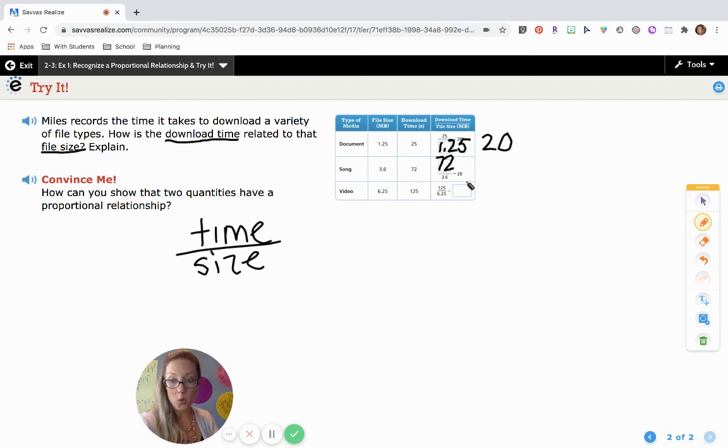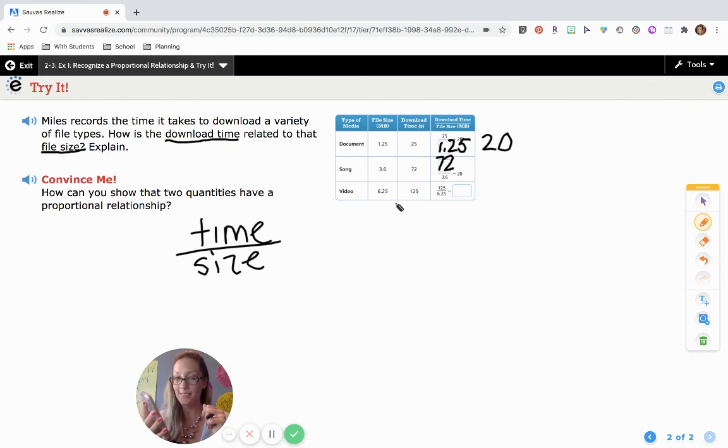So far, these two are proportional. Now let's look at the last one. We have time to file size. If I do a time of 125 over a file size of 6.25, I get, actually, I want you to work this out.